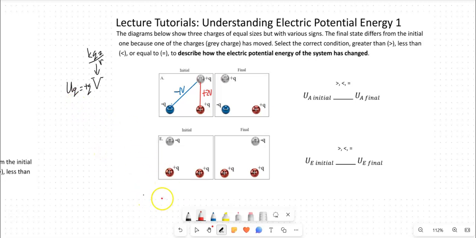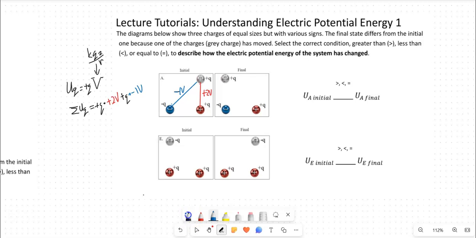So what I'm thinking about is this. What we're going to do is we're going to sum our potentials, right? Our potential energies. And we're going to take a positive Q, multiply it by a positive 2 volts, and I'll color code it. So this is what I'm thinking of, positive 2 volts. And then we're going to add that to the positive Q in this case, multiplying that by a negative 1 volts.